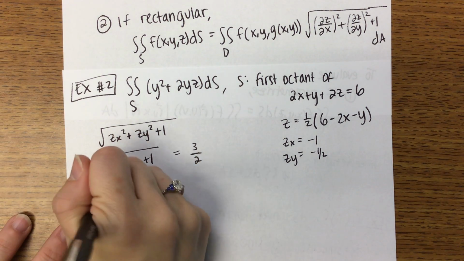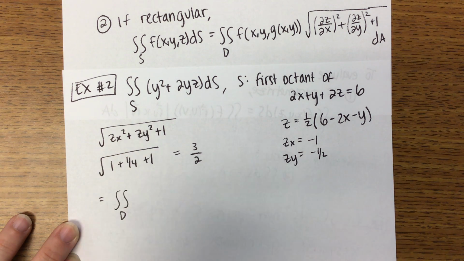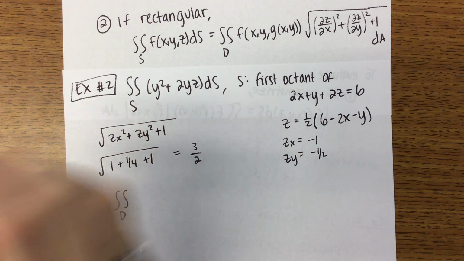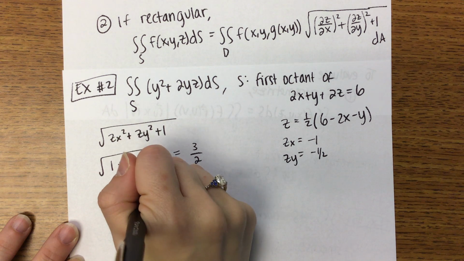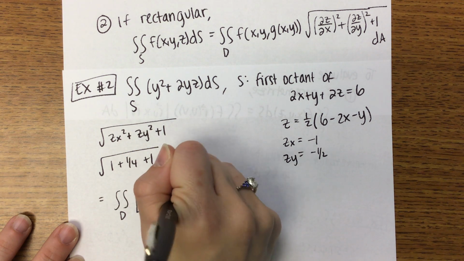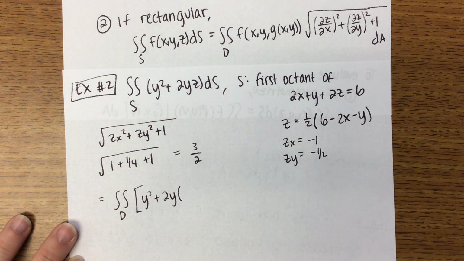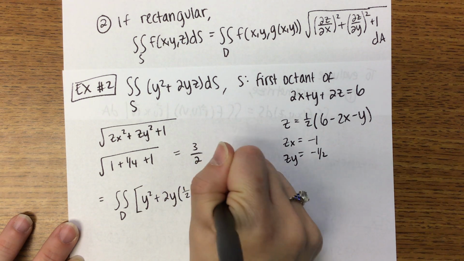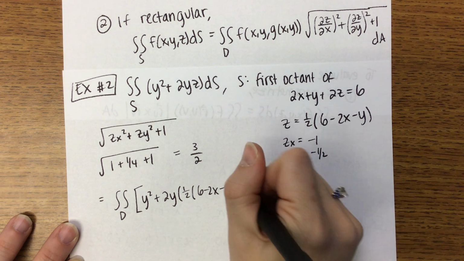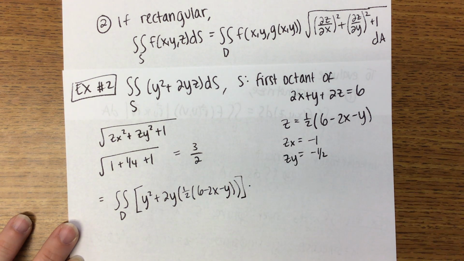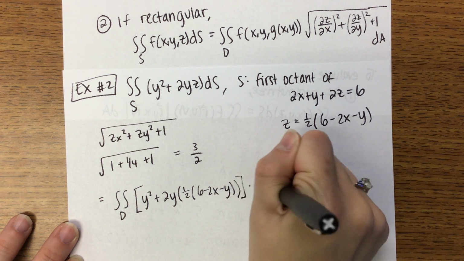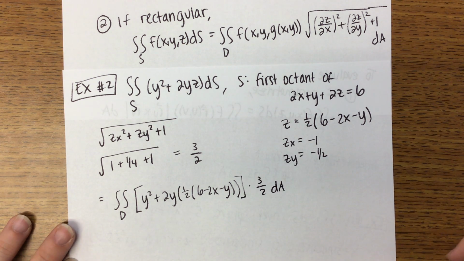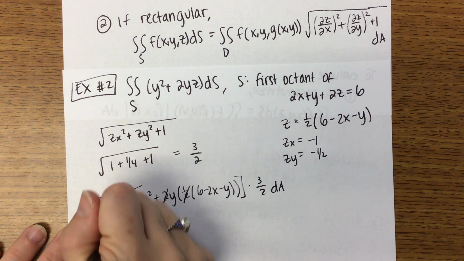So then, this is going to become the double integral over the region D, which we can take care of in a minute, of y squared, add 2y times z. So you plug in all the stuff you get for z. So that 1/2 times 6 minus 2x minus y, times that 3/2 dA. So the 2 and the 1/2 are going to cancel.